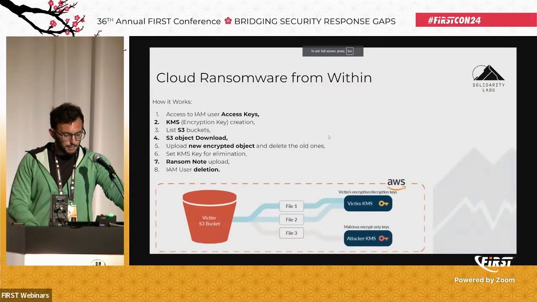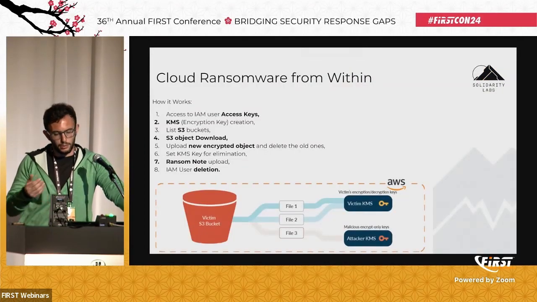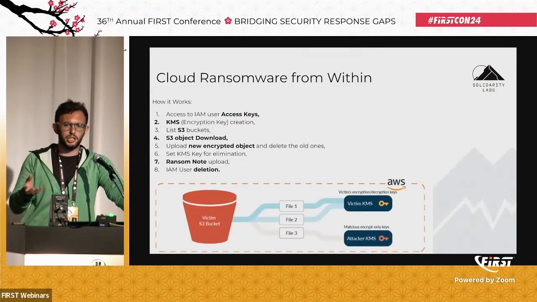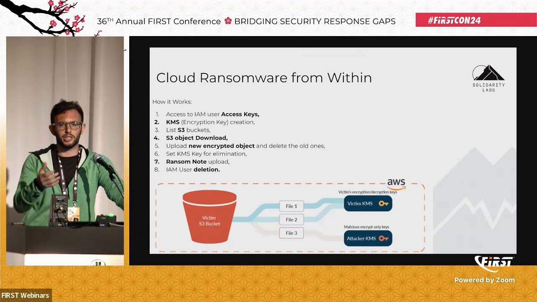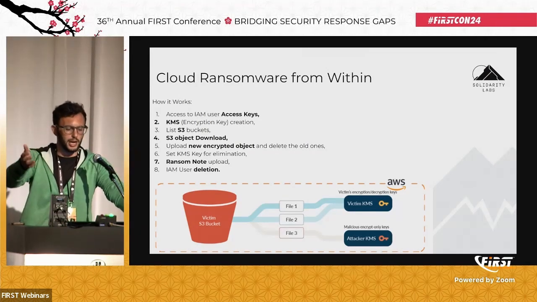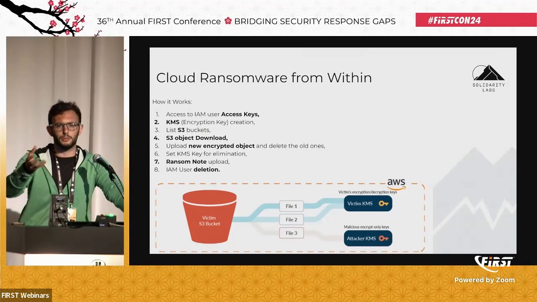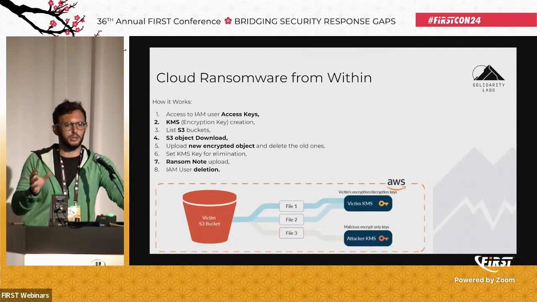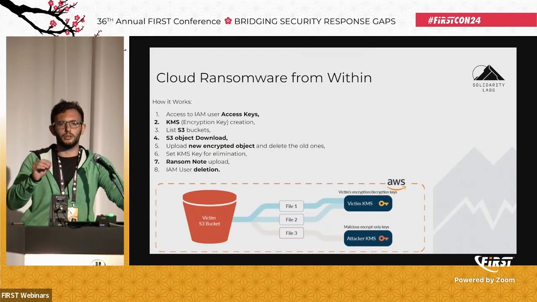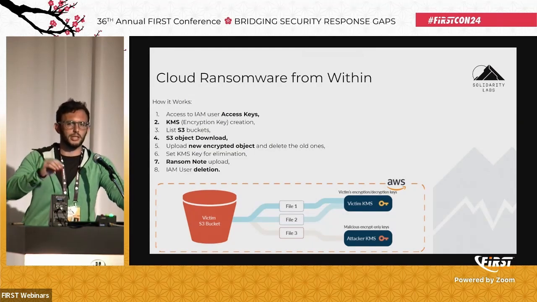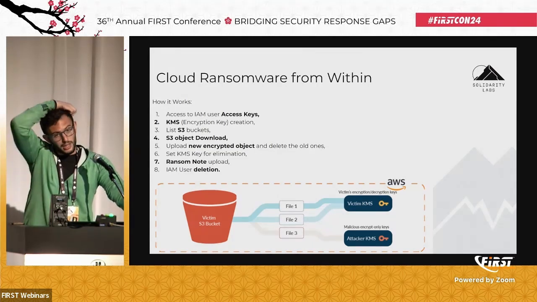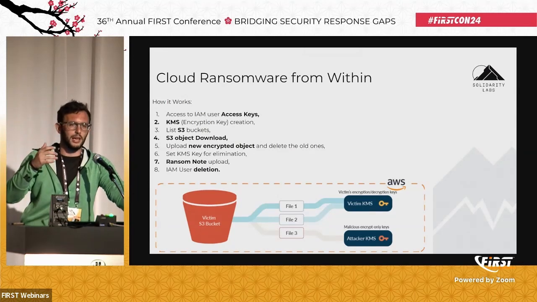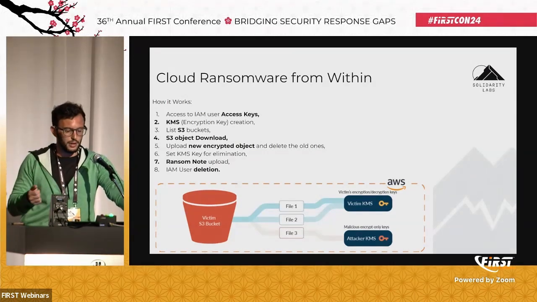How was the impact? Well, what we found within the ECR registry and within the Docker image that I told you the attacker was able to leverage was a cloud ransomware. Ransomware against S3 buckets works in a fancy way because they don't need to be within your AWS tenant to launch the attack. They only need access to the access key that I was mentioning before.